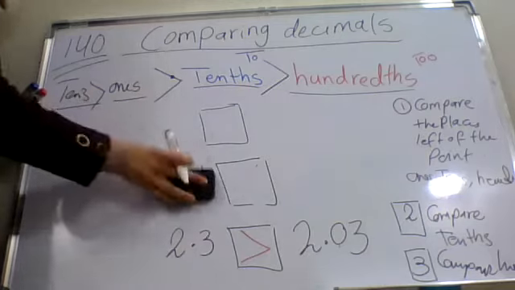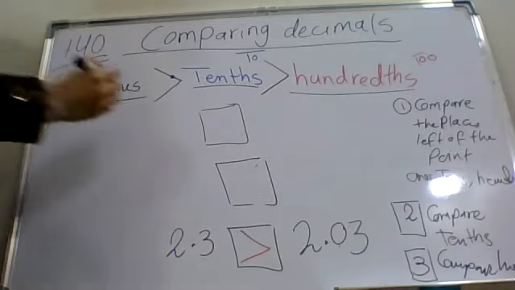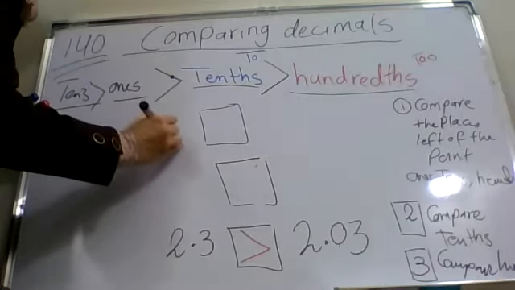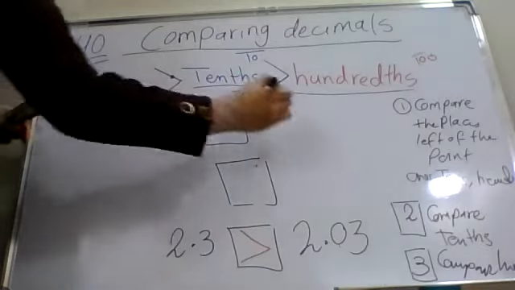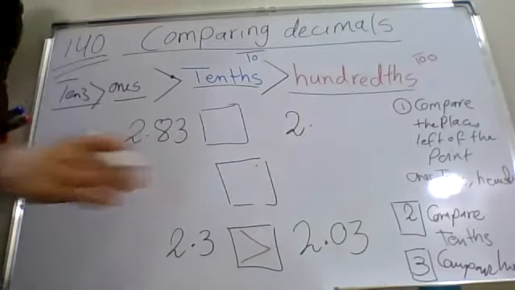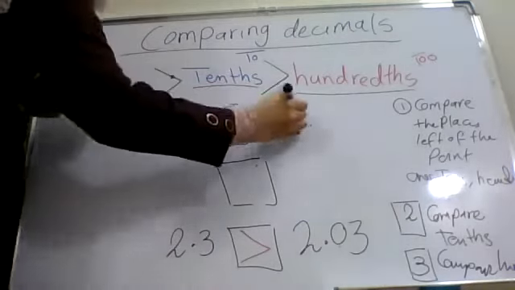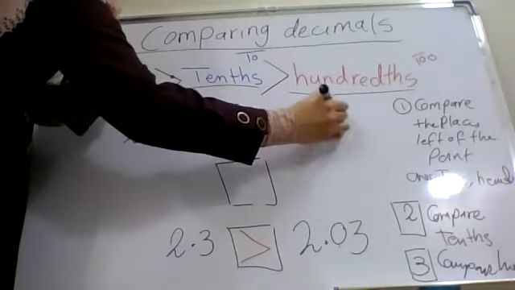Let's take another exercise. I have 2.83, and I have 6.89.